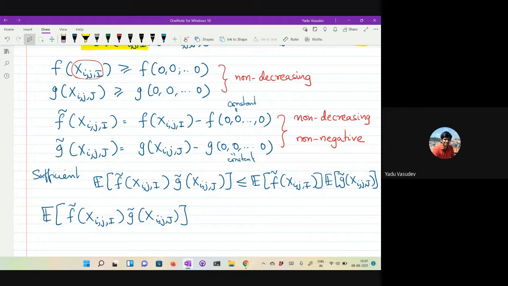So, given that and the fact that f tilde and g tilde are non-negative, what can you say about these quantities? What will be this expectation?